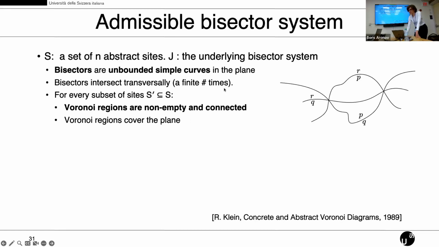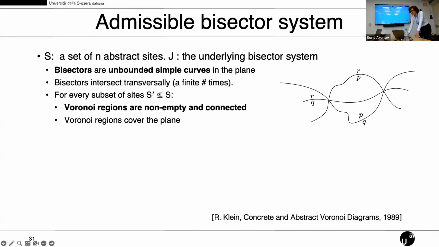So from now on, I will always assume an admissible bisector system. The definition of the Voronoi-like graph did not assume an admissible system; now I will assume it. To remind you, bisectors are just unbounded simple curves in the plane. Bisectors intersect transversally, a finite number of times.